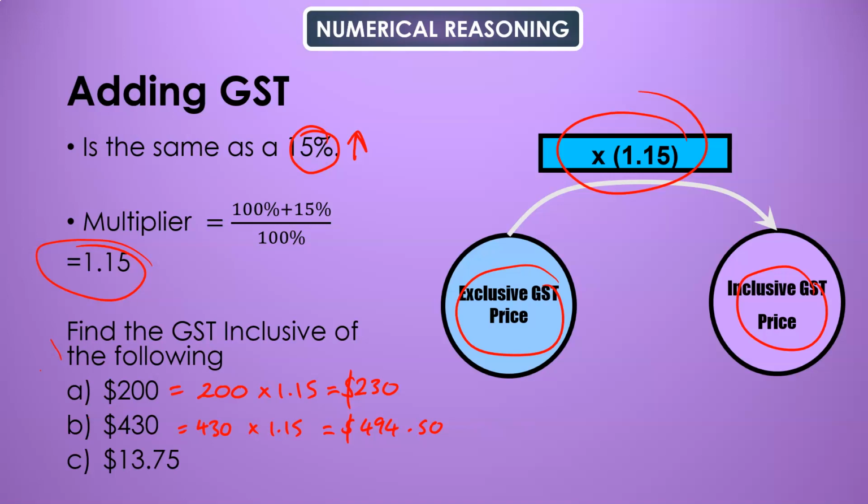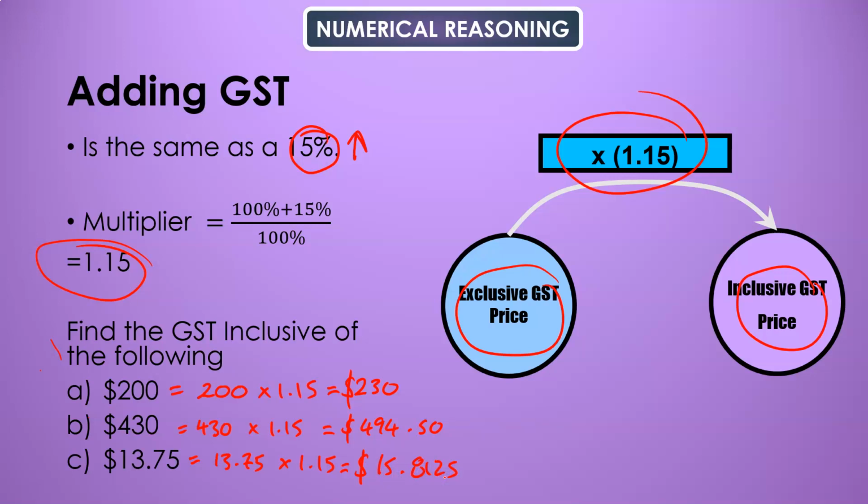The last one, $13.75 with GST put on, so it's 13.75 times 1.15, is equal to 15.8125.